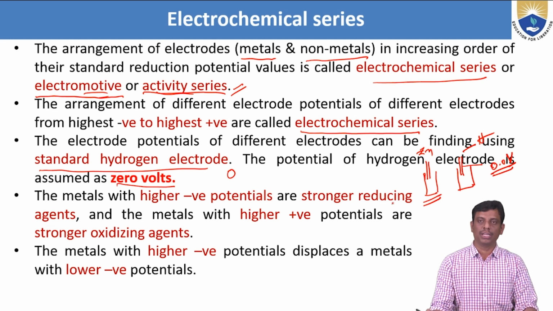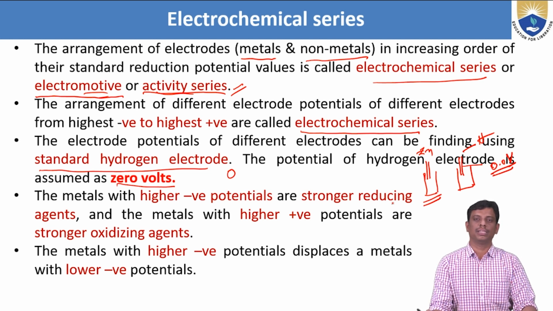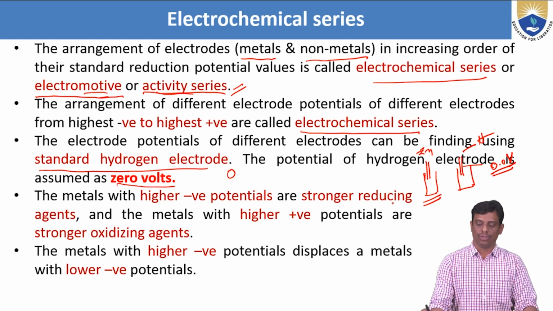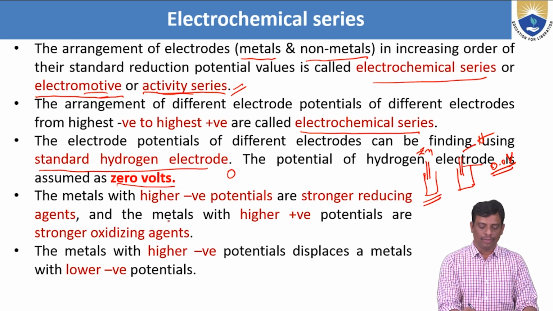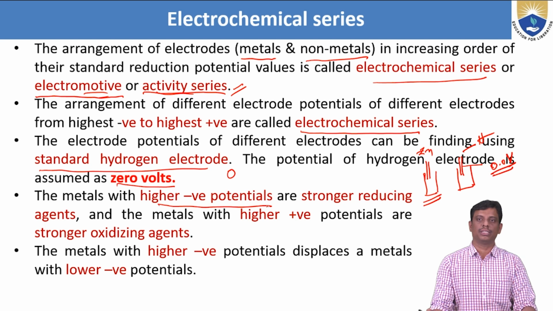In the electrochemical series, we use the reduction potentials of metals and non-metals measured using this hydrogen electrode. The metals with higher negative potentials are stronger reducing agents.